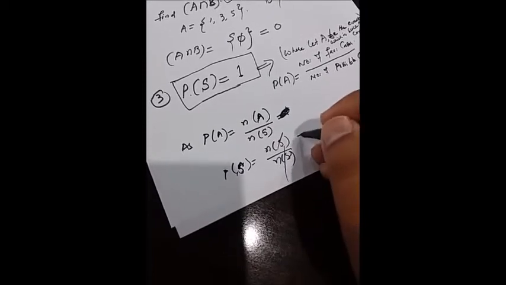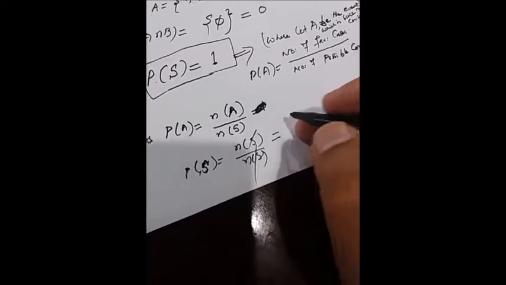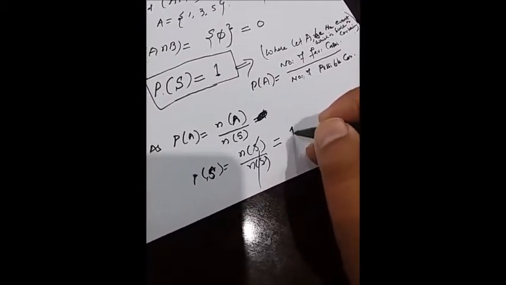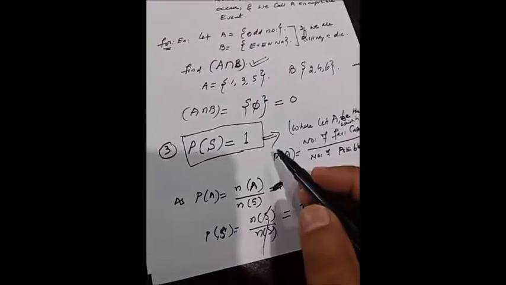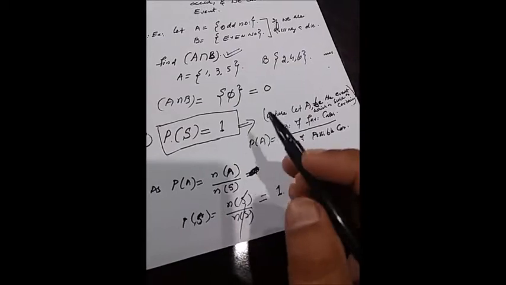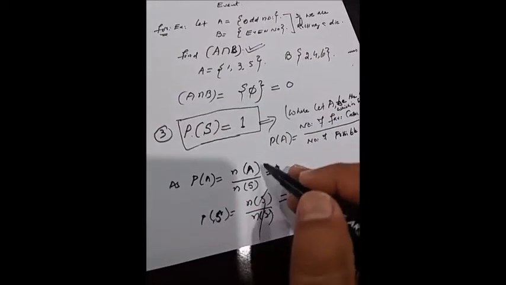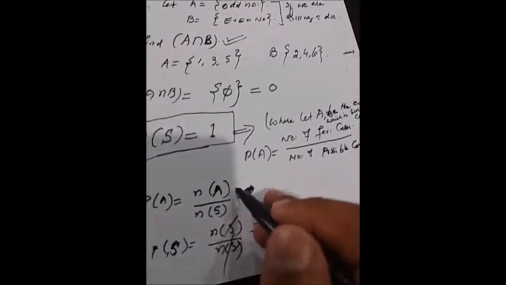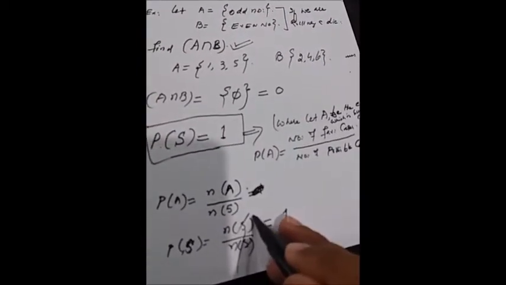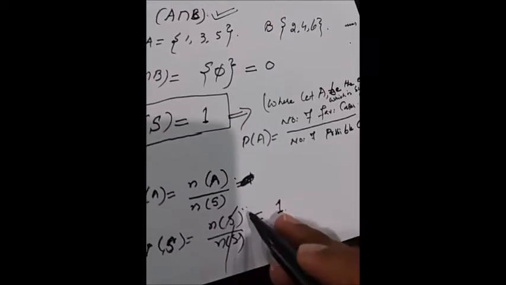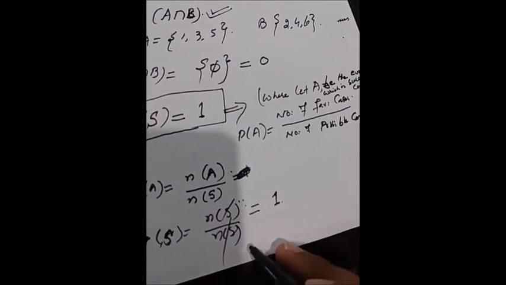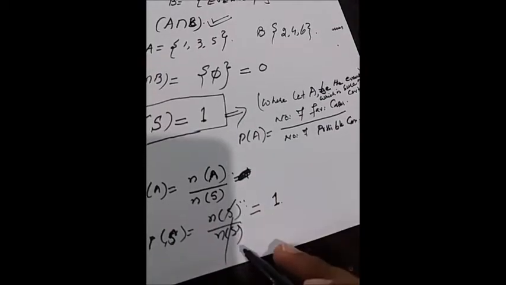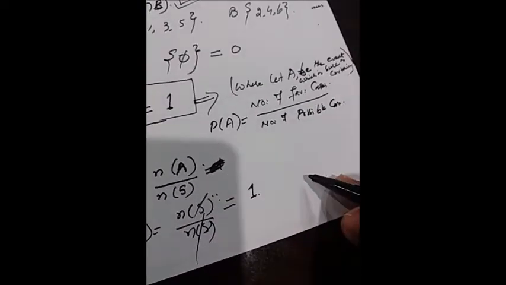So sample space divided by sample space is equal to 1. When we are calling the event which is certain or sure, meaning 100% certain, the event is equal to the sample space. So the favorable case is also the sample space and the possible case is also the sample space. So sample space divided by sample space is equal to 1.